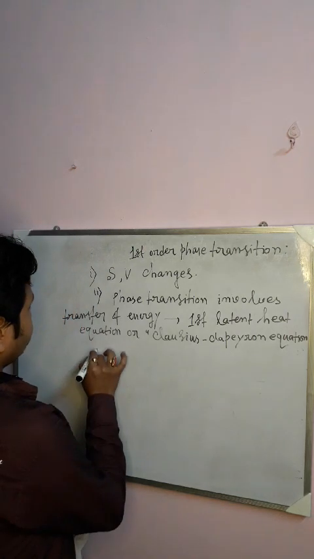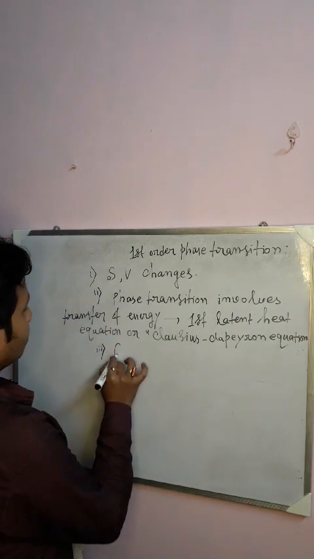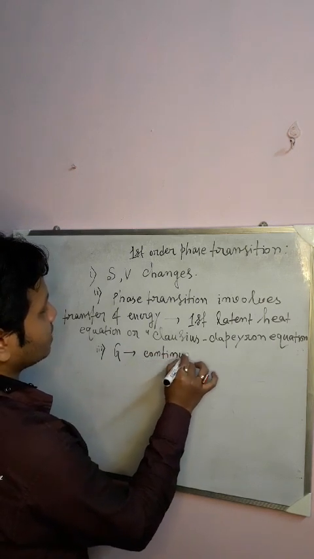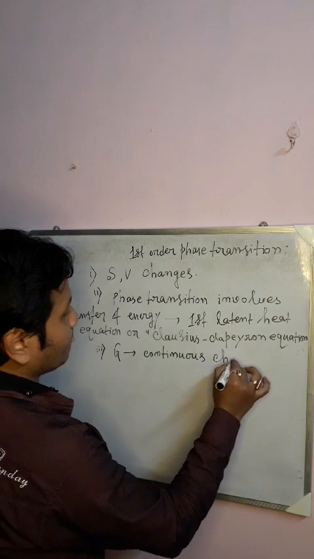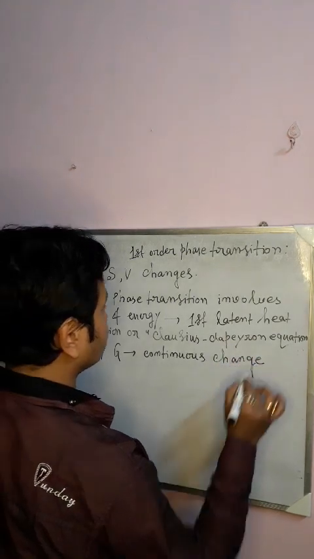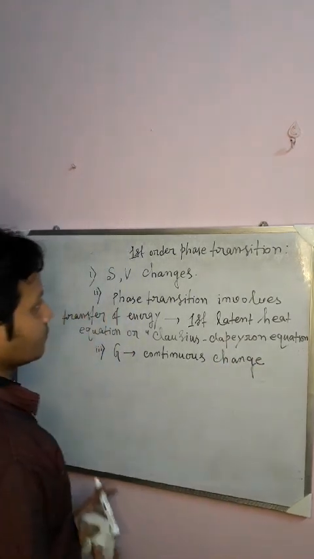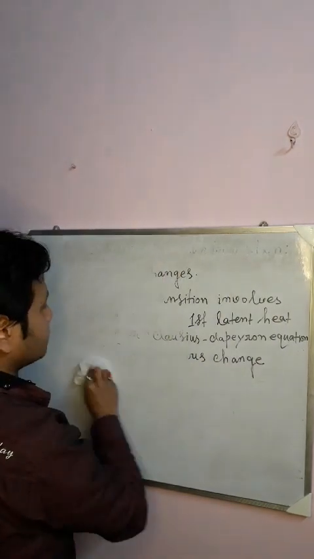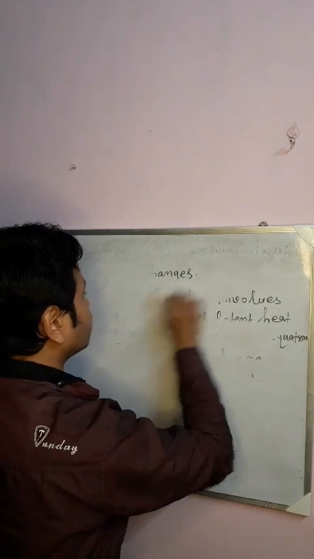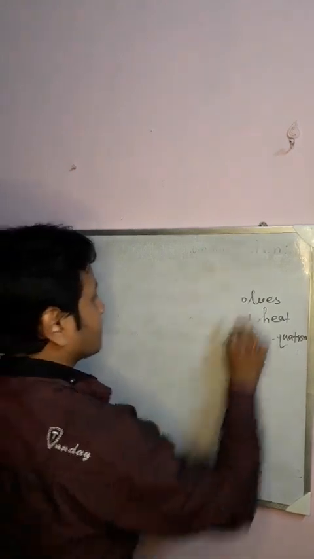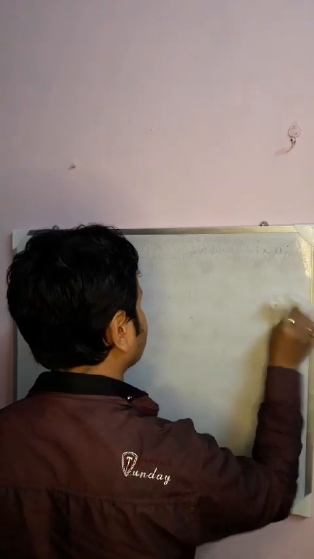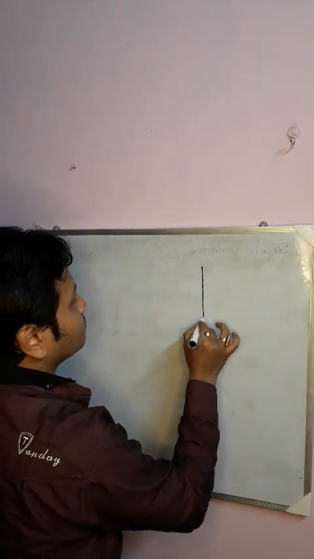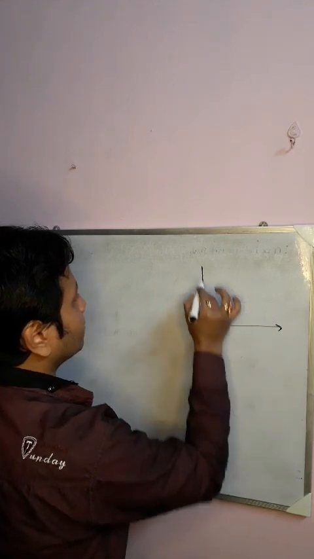Okay, now Gibbs potential changes continuously. Okay, there is a continuous change of Gibbs potential. How? In order to explain this, I have to draw a picture, that is, just draw the Gibbs potential versus the temperature curve.